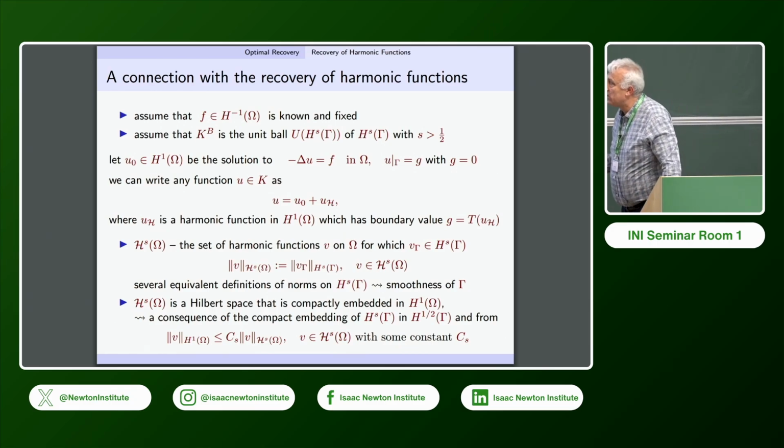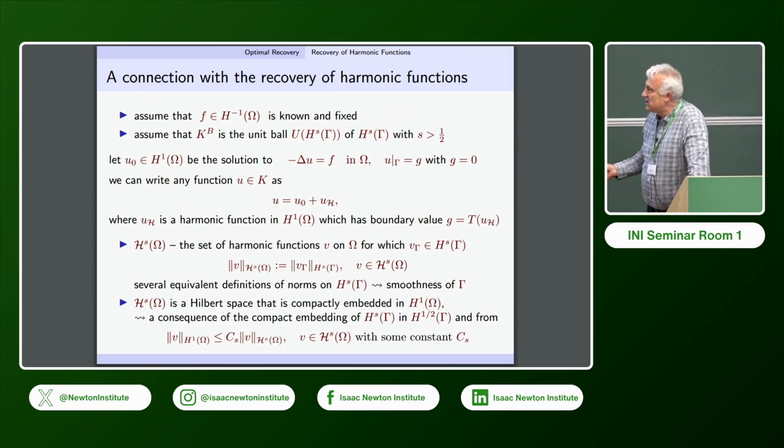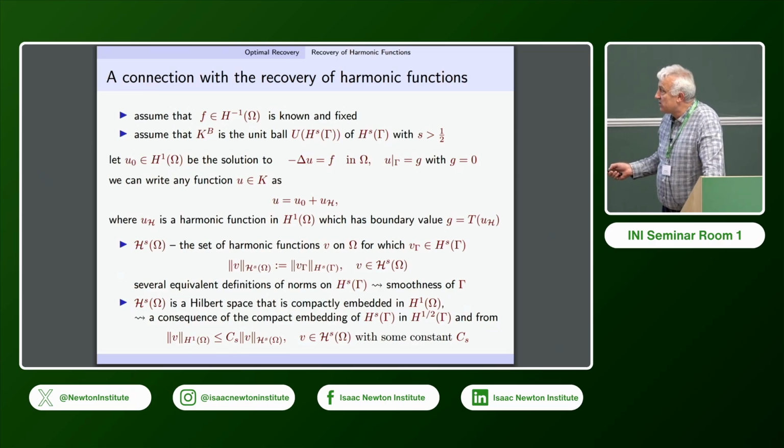So that is kind of an easy way out, and we want to define the space HS. Here, the smoothness index S is actually connected with the smoothness on the boundary. It's not connected with the smoothness of the solution U. Sometimes that is confusing when one formulates it, but for the curly H, S would be the smoothness on the boundary, which is 1/2 less than what we have if we consider the smoothness on the whole domain.